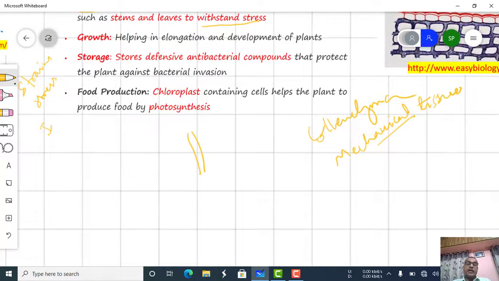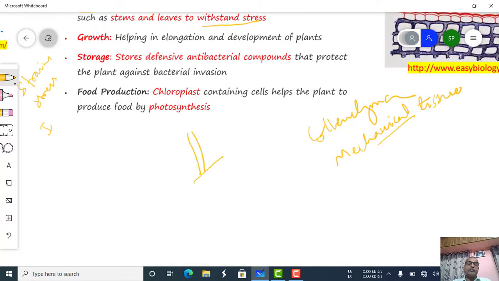Suppose you take the shape of the English letter I: superior quality material is placed at the region of the flanges, while inferior quality material is placed in the web region.